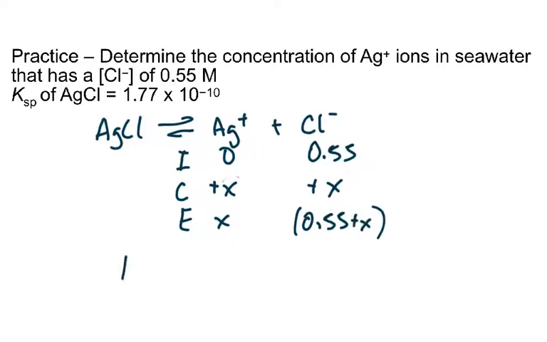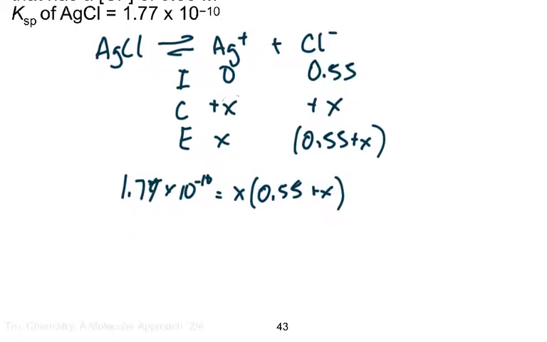So our Ksp, 1.77 times 10 to the minus 10, is equal to X times 0.55 plus X. That plus X is going to be very small, so we're going to ignore it. We're going to use that X is small assumption.